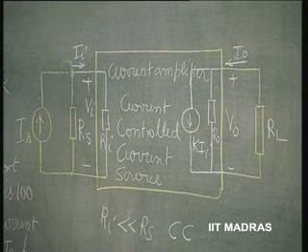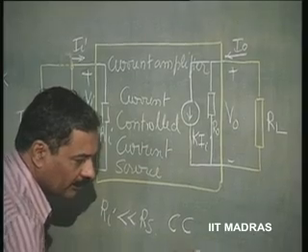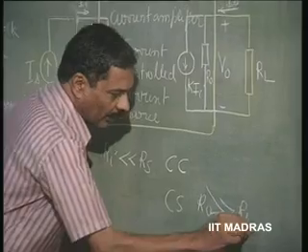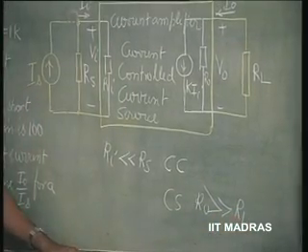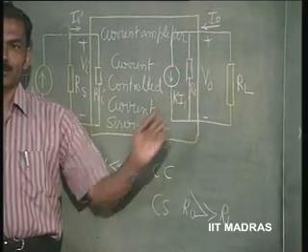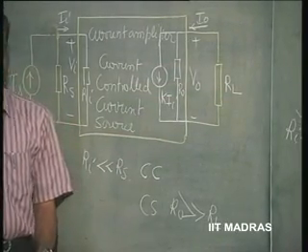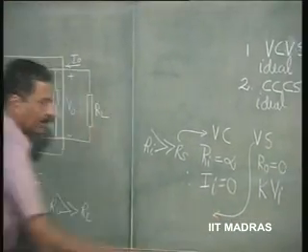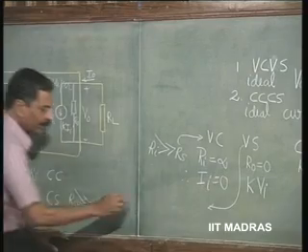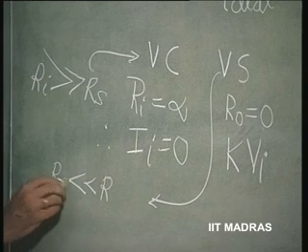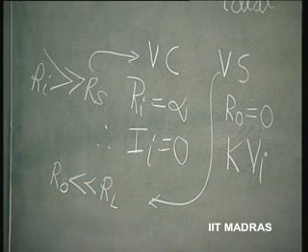If it is to be a current source, then R naught is going to be much greater than RL, so that most of this current still goes through RL and very little is lost through its output resistance. You can compare this with a voltage source, wherein R naught is much less than RL.